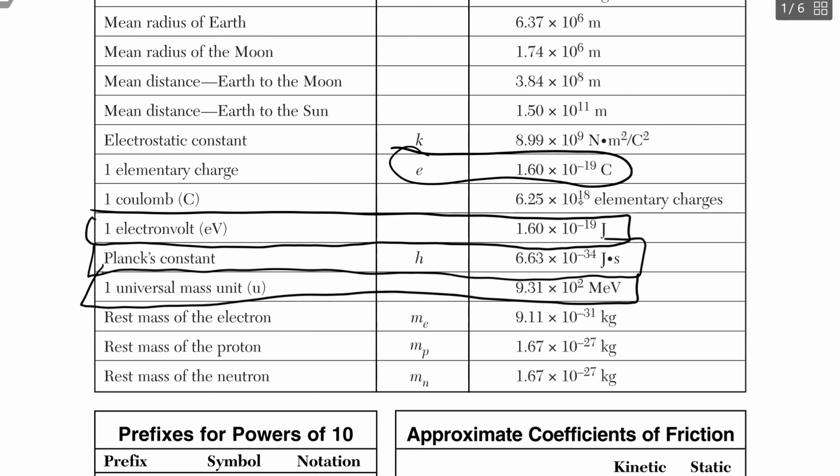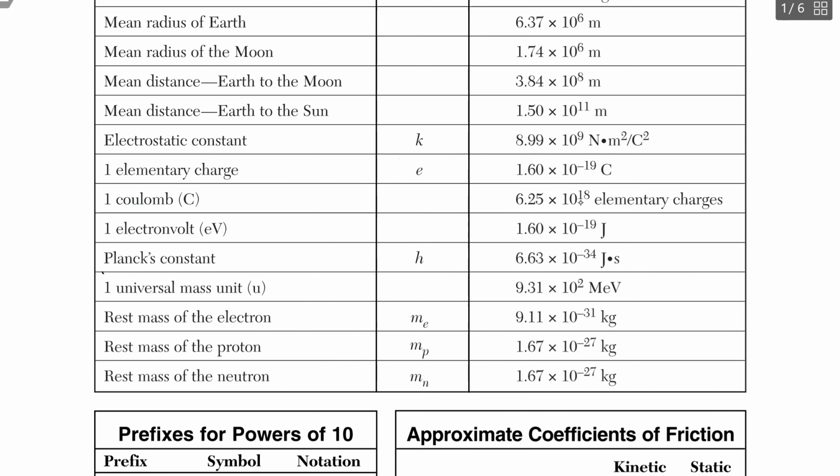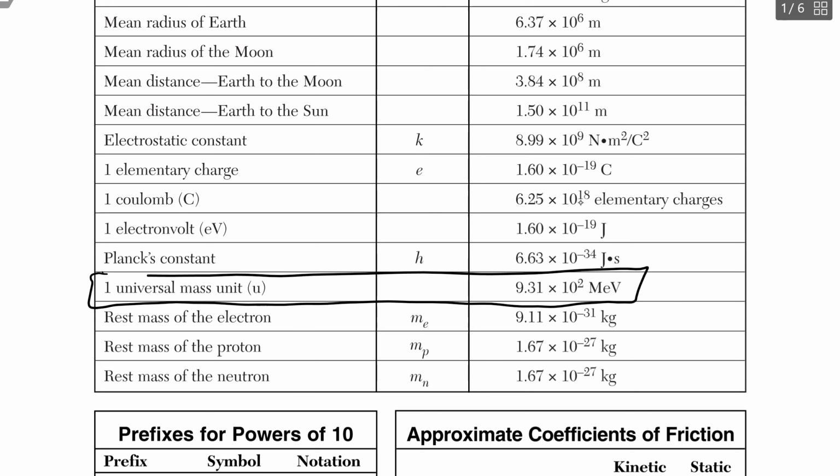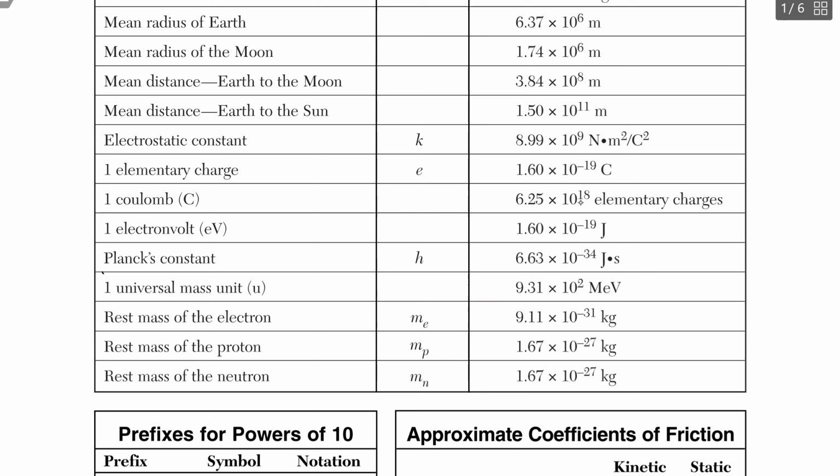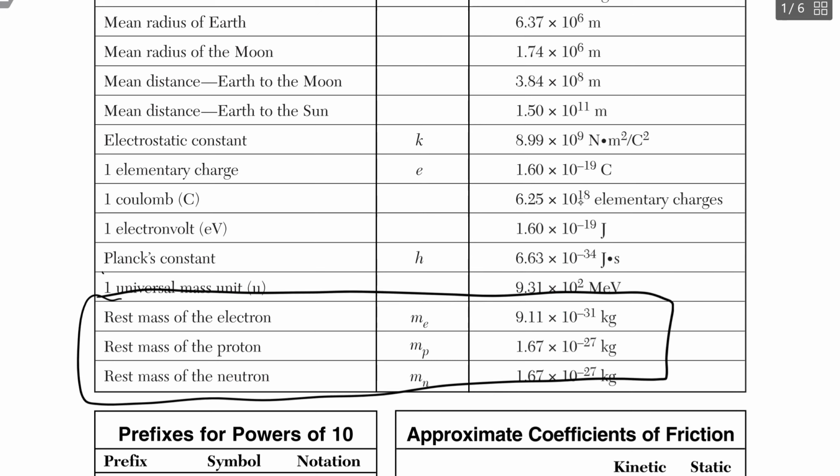And notice this, we don't really know what an electron volt is, but we know that it's a measurement of energy, right? So they're saying, okay, this is the energy for one mass unit, mass and energy. So there's like a conversion factor here. That's kind of crazy. All these different things are for modern physics, and then the rest mass of protons, neutrons, and electrons.